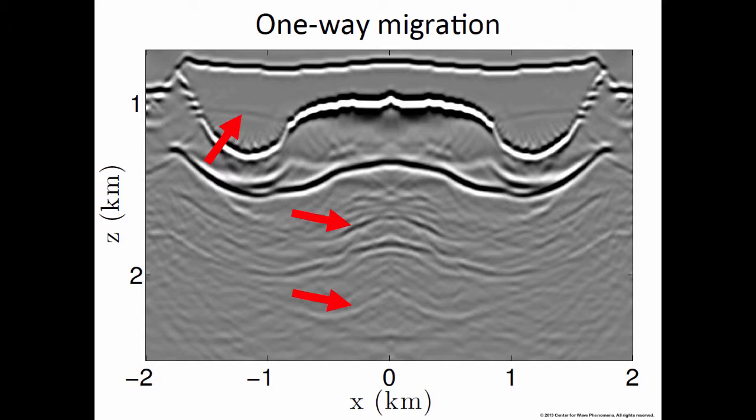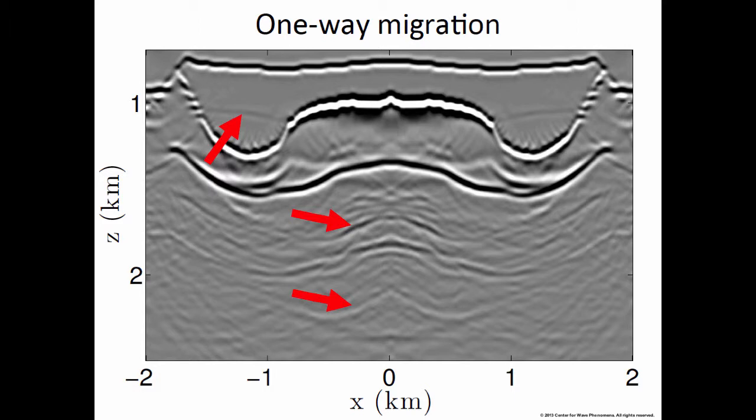As you can see, the main reflectors have been imaged correctly, but the red arrows indicate something that we don't like. These are the ghost reflectors that are due to the presence of internal multiples in the data. Especially in the middle, the arrow is pointing to a pretty strong ghost reflector.